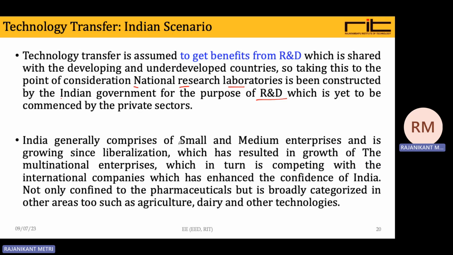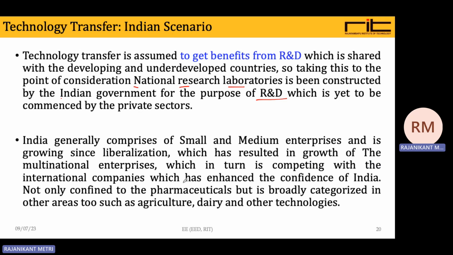So in India, mostly small and medium scale industries or enterprises are growing since the liberalization, which has resulted in growth of the multinational enterprises, which in turn are competing with the international companies, and that has enhanced the confidence of India.